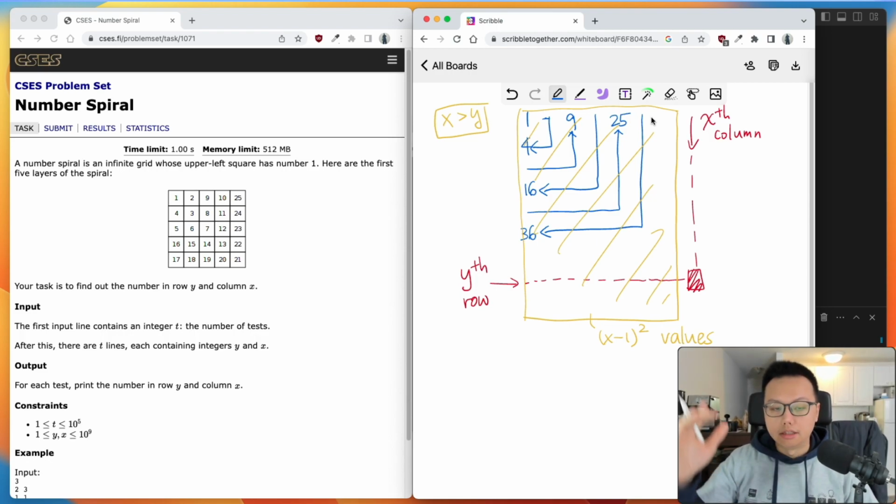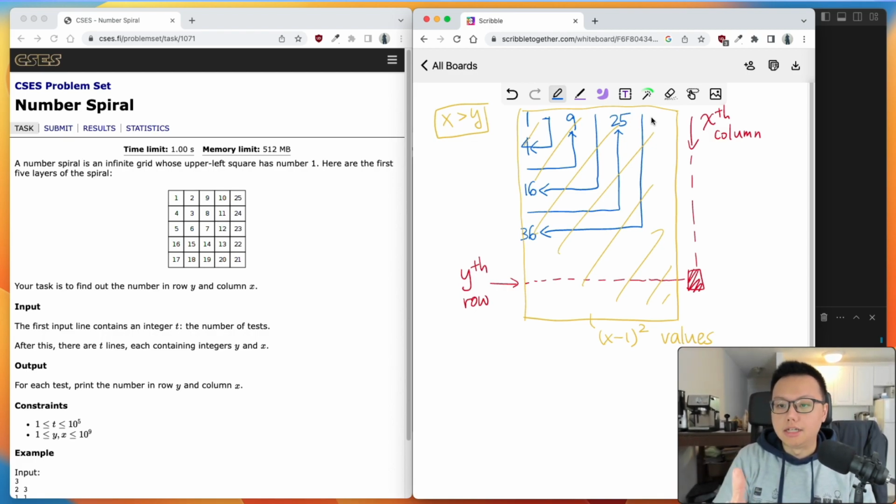The direction might go from top to down, or from left to right, and that direction depends on the parity of x minus 1. If x minus 1 is odd, it means it goes from the topmost cell, goes down and then goes left.